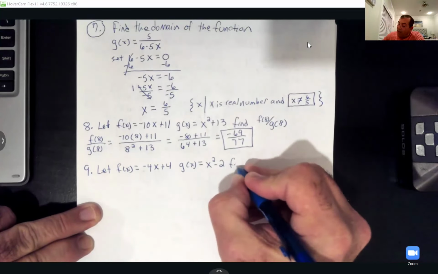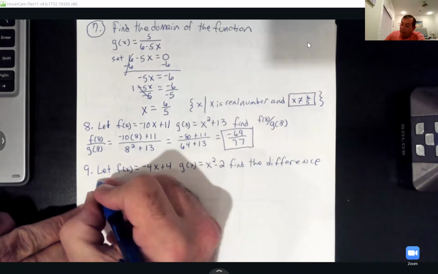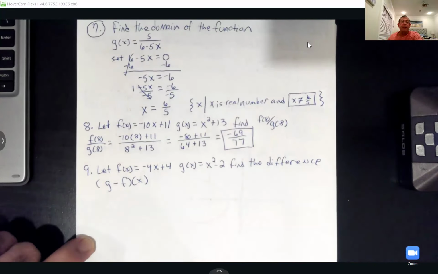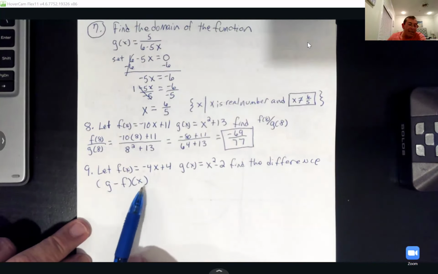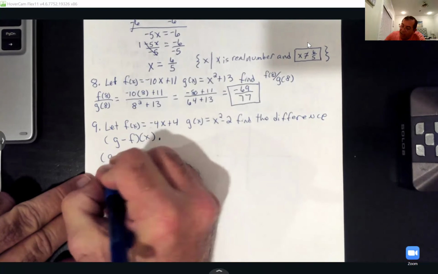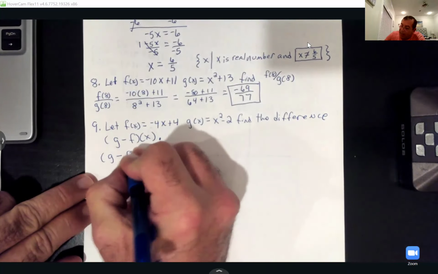We're going to find the difference g minus f of x. Now notice they didn't give me a number to plug in this time. So g minus f of x will equal my g equation minus my f equation.